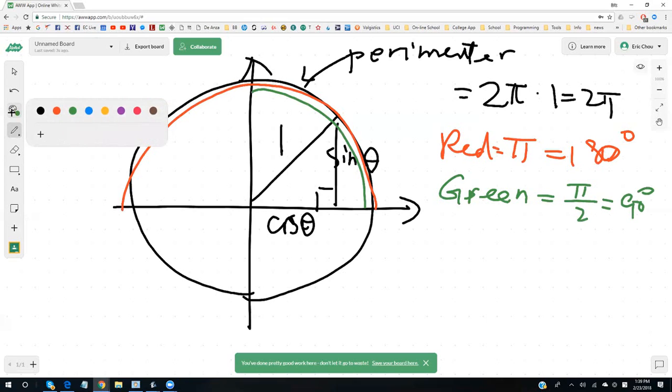Now I have another one, that's the blue one, 45 degrees.